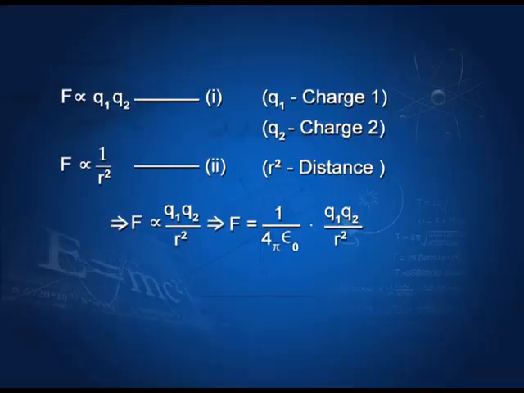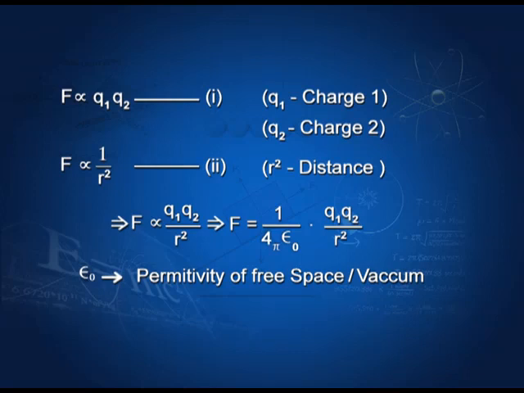The epsilon naught term is known as the permittivity of free space or vacuum. What exactly is permittivity? Suppose I place two charges, say A and B, in some place, for example in my room, where there is some air. Coulomb said that since the two charges will interact and exert some force on each other, resistance will be provided by the medium in which they are kept.